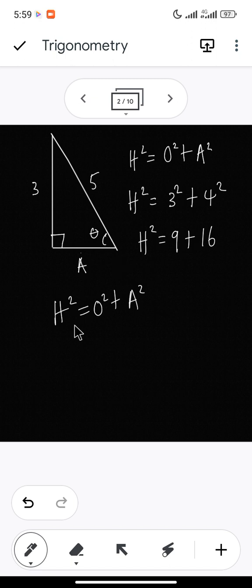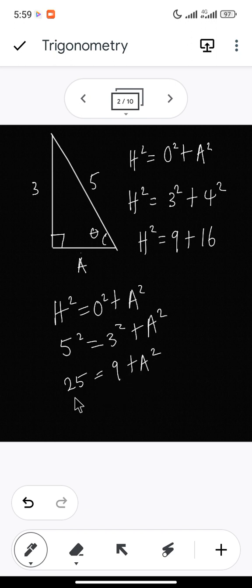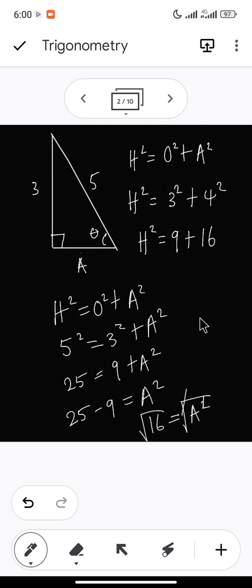Now the hypotenuse is 5. 5 squared is equal to 3 squared plus a squared. 5 squared gives you 25, 3 squared gives you 9, plus a squared. Bring this over to this side. 25 minus 9 gives you a squared. 25 minus 9 gives you 16, which is equal to a squared. Finding the square root of both sides, the square root of 16 gives you 4. That means a is 4. So this principle works, you understand?